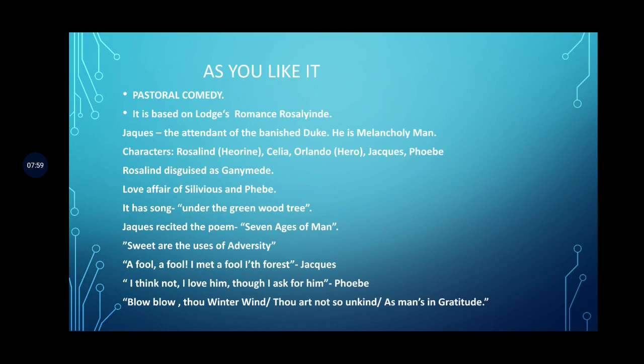Rosalind is disguised as Ganymede. So we have cross-dressing in this particular play. The love affair of Silvius and Phoebe is seen. And we have this song, Under the Greenwood Tree. Jacques recited the poem, Seven Ages of Man.